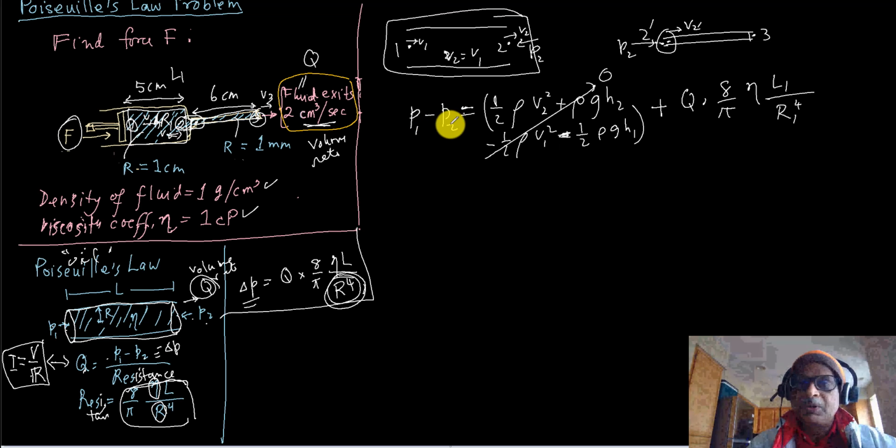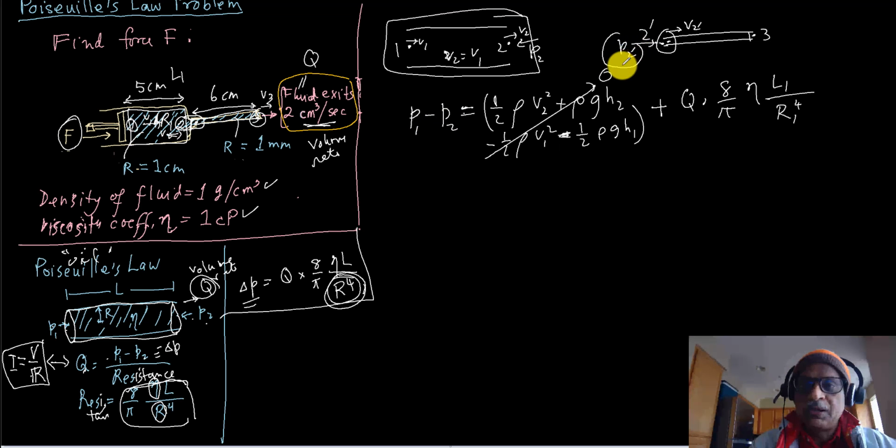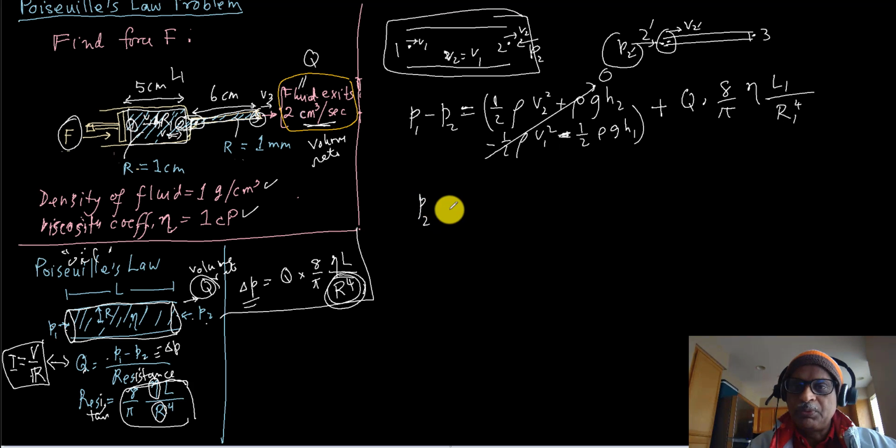So we got P2. Now this 2 prime will be the same as P2. When I apply it over here, P2 prime minus P3.